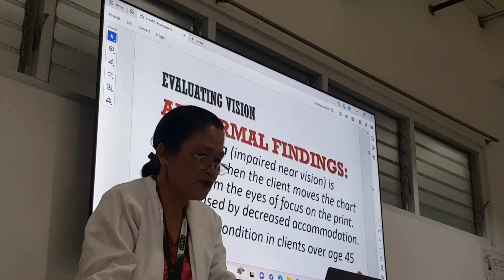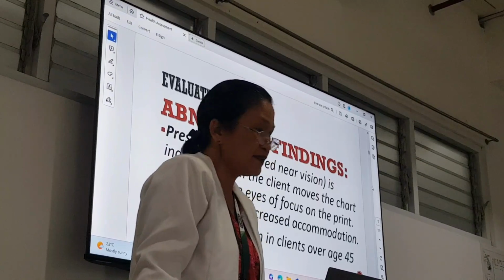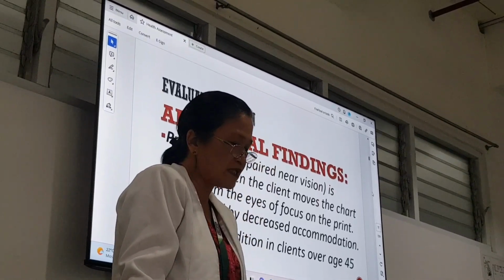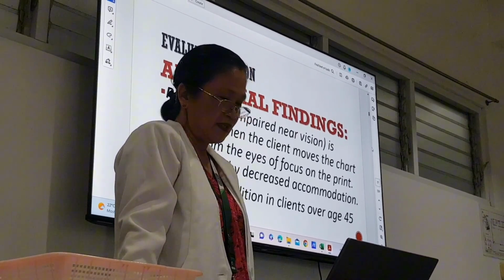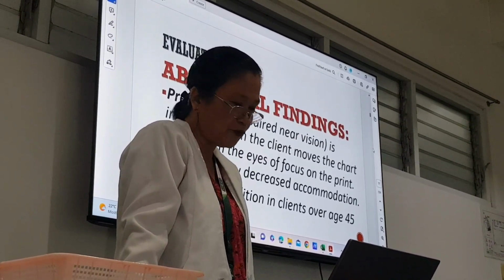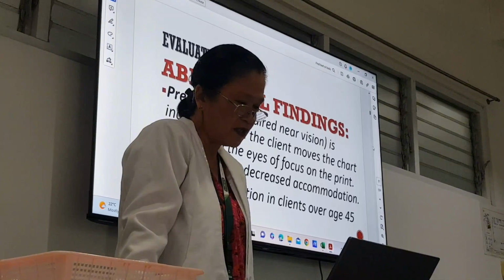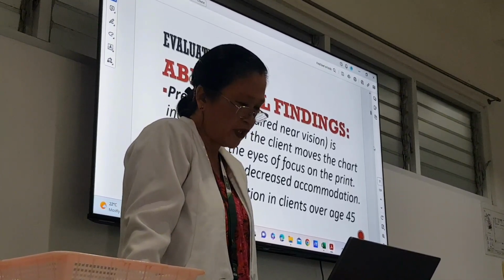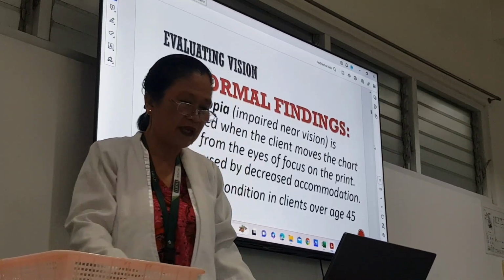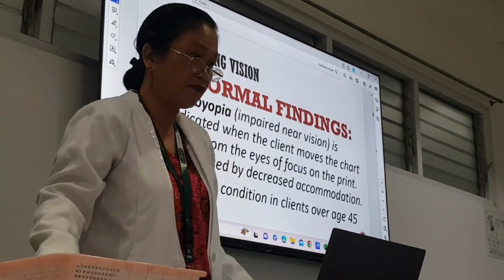Okay? So, abnormal findings, we call this presbyopia or your impaired near vision is indicated when the client moves the chart away from the eyes to focus on the print. It is caused by decreased accommodation. A common condition in clients over age 45.